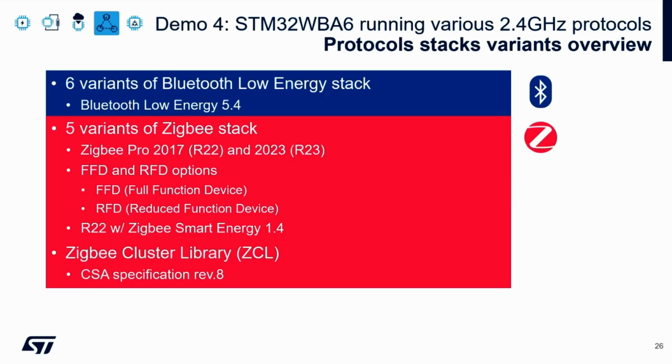Regarding ZigBee, we do support both R22 and R23 revisions of the ZigBee stack, with both variants: full function device, FFD, which can serve any role in the ZigBee network, and RFD, reduced function device, which lacks routing capabilities and can only function as an end device.